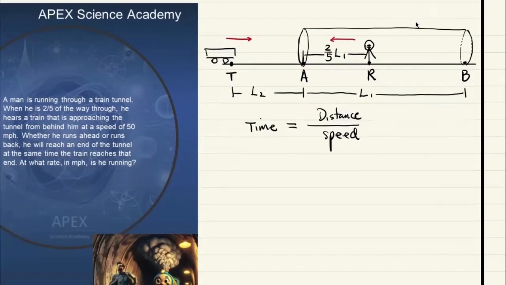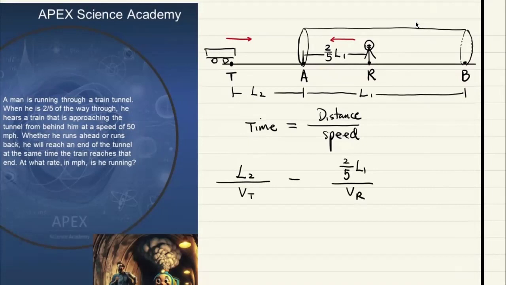So the amount of time for the train to go from T to A is going to be distance L2 divided by the speed of the train. The amount of time it takes for the runner to go from R to A is going to be the distance 2/5 of L1 divided by the speed of the runner, let's say VR.